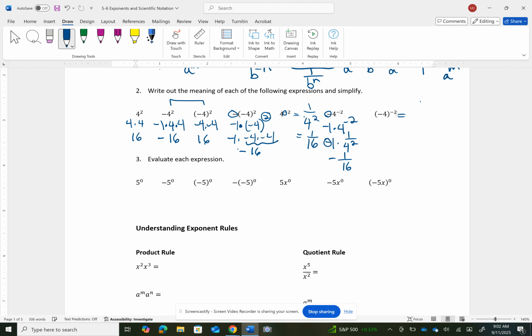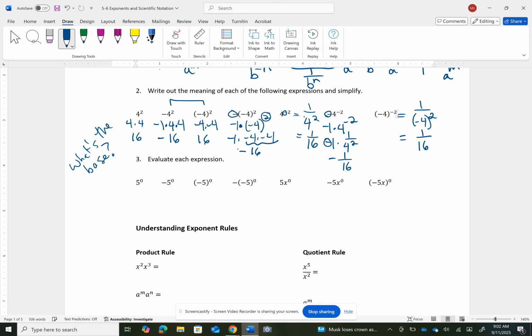So this one means 1 over -4 still in parentheses, but now to the 2nd power. Then that's going to wind up being 1 over positive 16. Think about the base. Ask yourself, what's the base? Before you do it. In other words, what's the exponent really getting applied to?